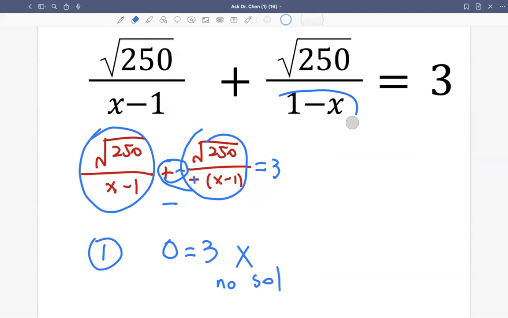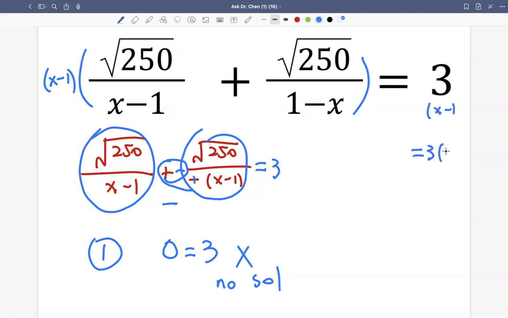We want to get rid of the denominators. So how do we get rid of the denominator? We want to multiply by the common denominator. In this case, we can multiply x minus 1 on both sides of the equation. So of course, the right-hand side becomes 3 times x minus 1.